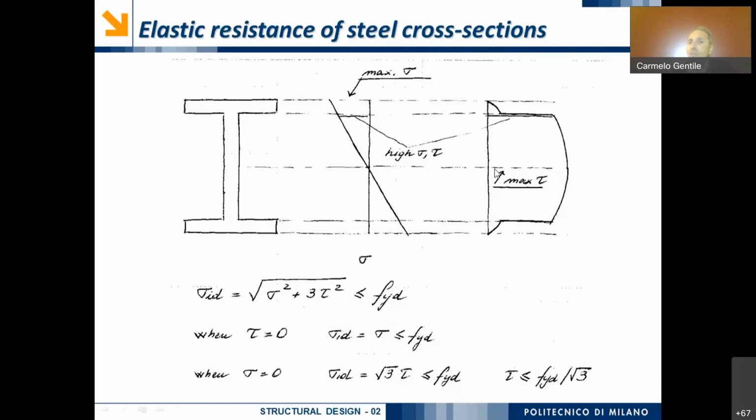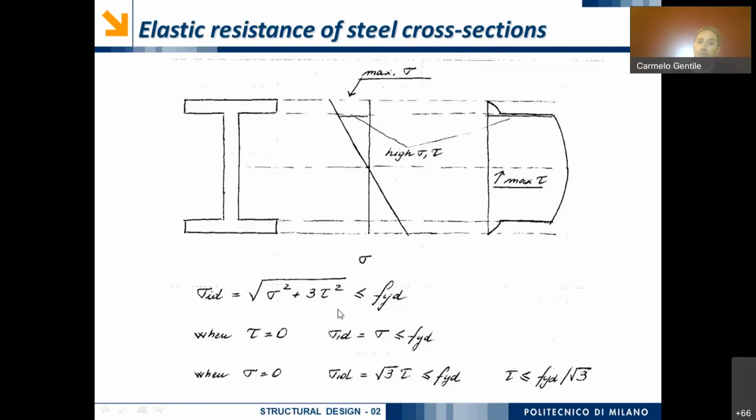So when there is the simultaneous presence of normal stress and shear stress, I have to check that this resistance criterion is satisfied. So I would like to evaluate an ideal value of the stress, which is equal to the square root of sigma square plus 3 times tau square.